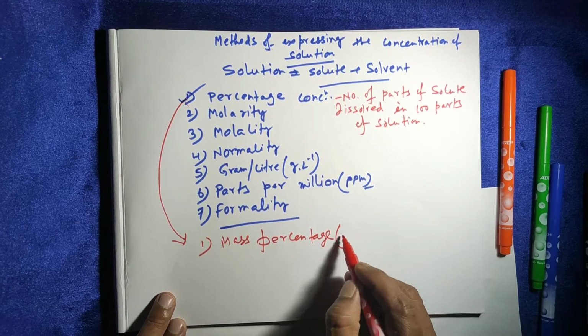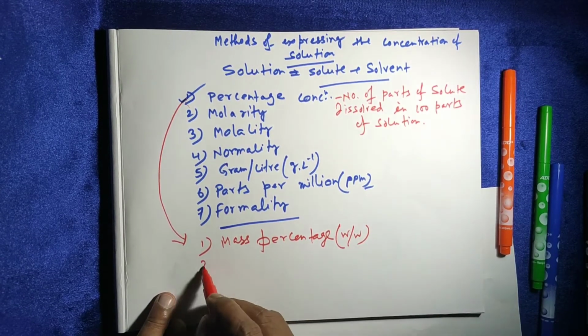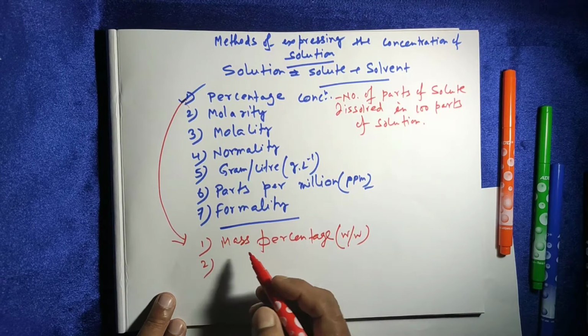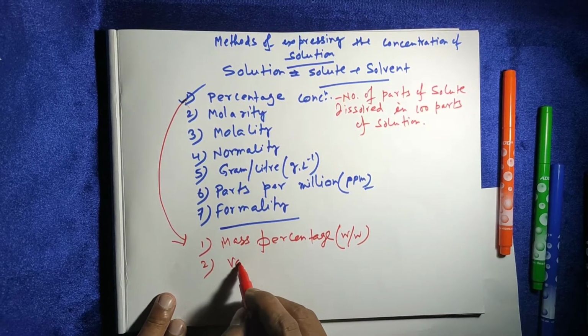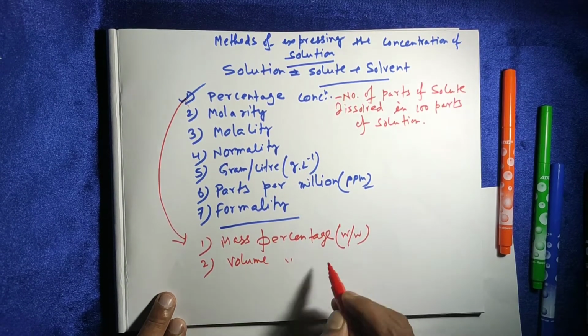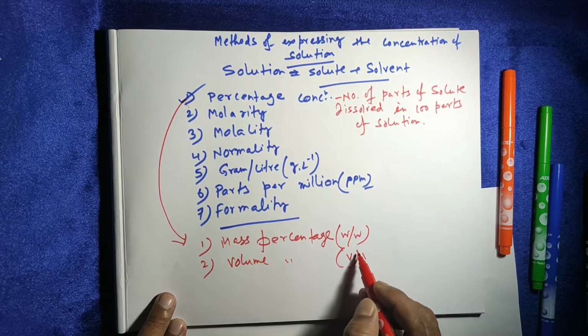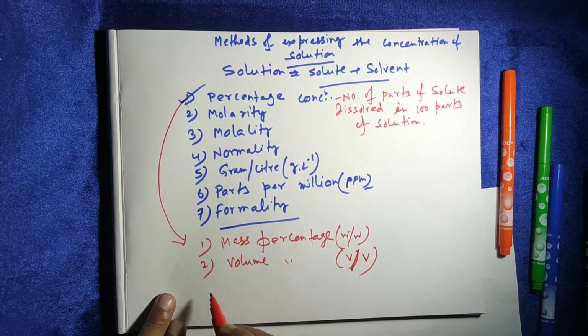You can say W per W. Number two is volume percentage, you can express by volume per volume.